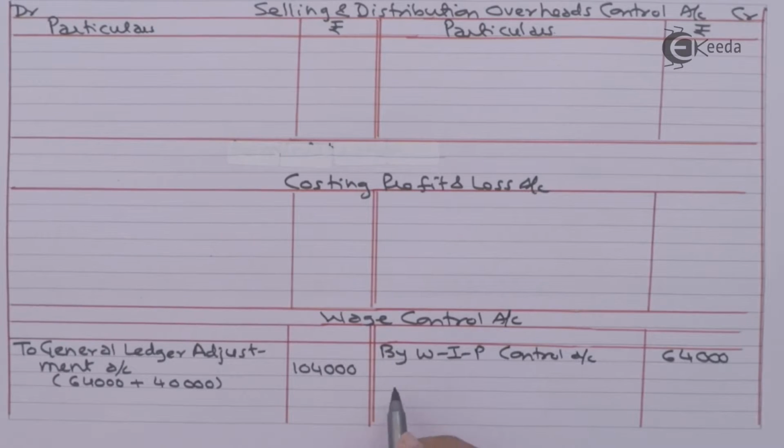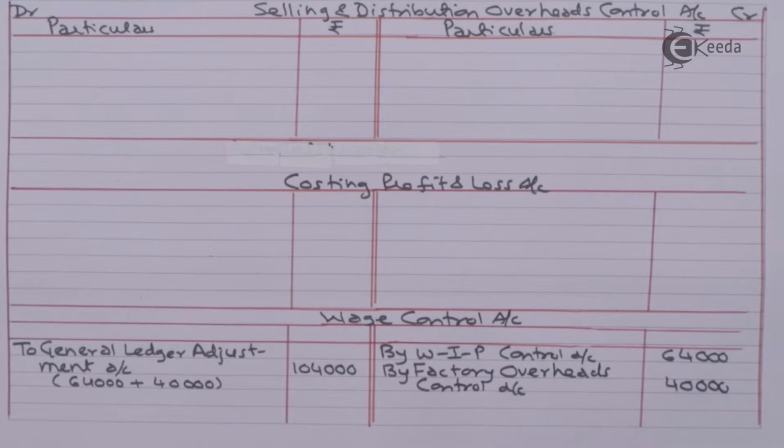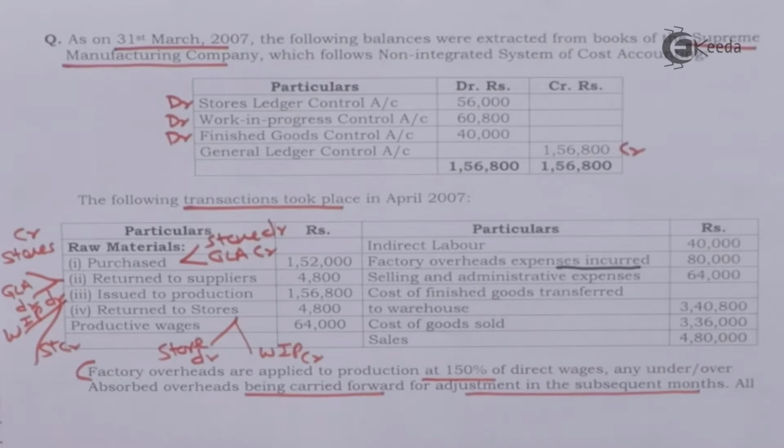Wage control account credit side, by factory overheads control account 40,000. Factory overhead expenses incurred. This will be debited to factory overheads control account and credited to general ledger adjustment account.